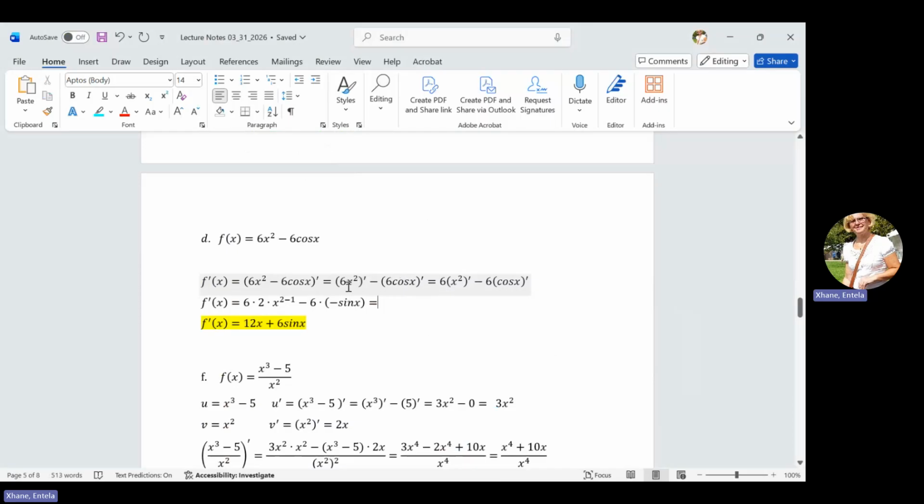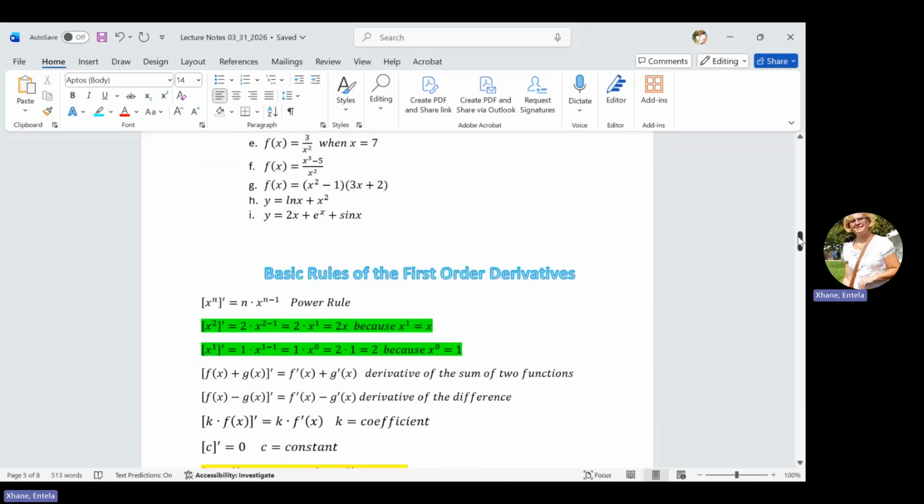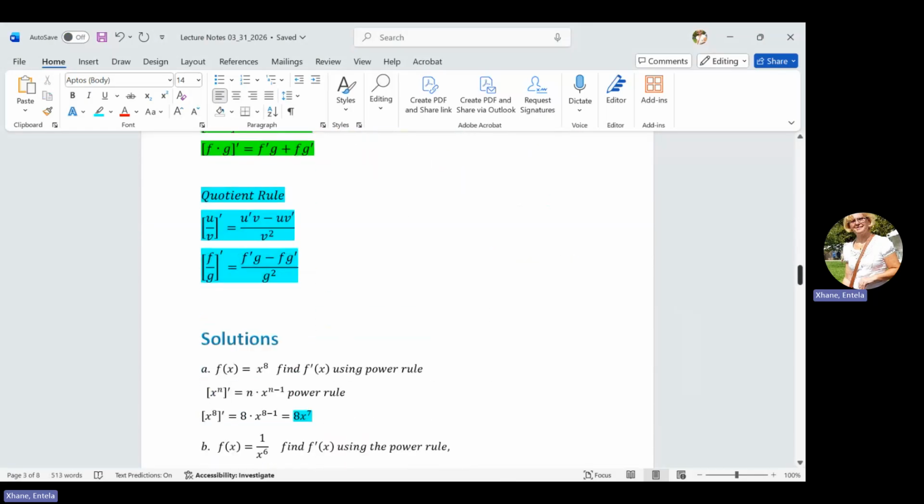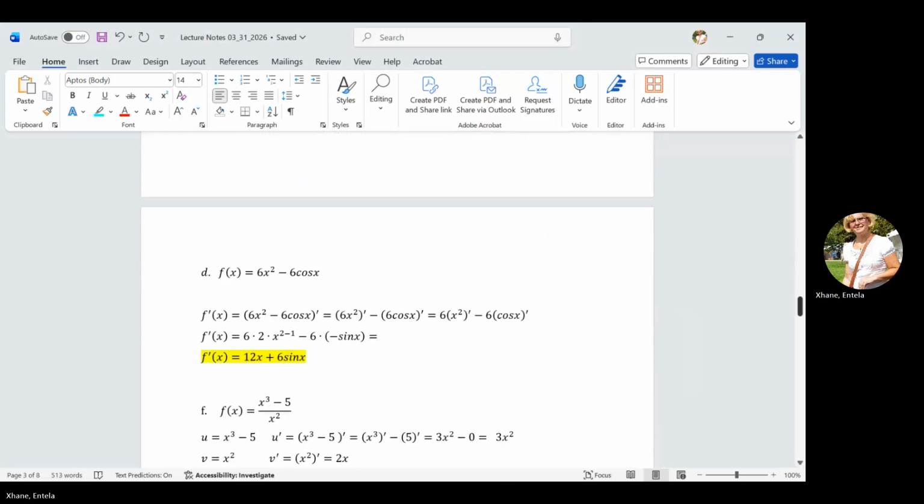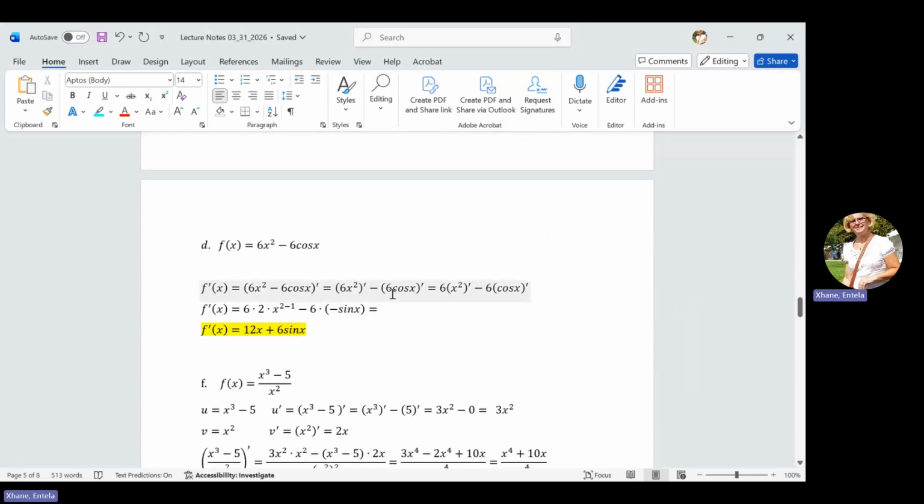So notice that the coefficient 6 is pulled out. And then now x squared is differentiated and cosine of x is differentiated. Be very careful. I already differentiated x squared right there. So the derivative is 2x. But you do have to work it one more time in details going over. So you have the coefficient 6 multiplied by the exponent 2.